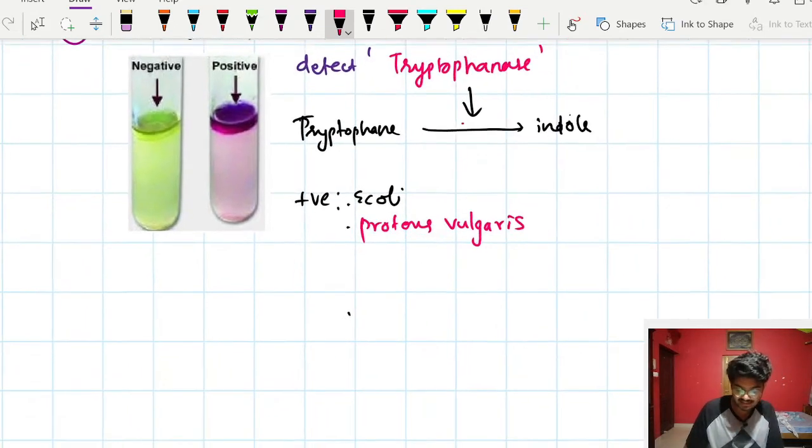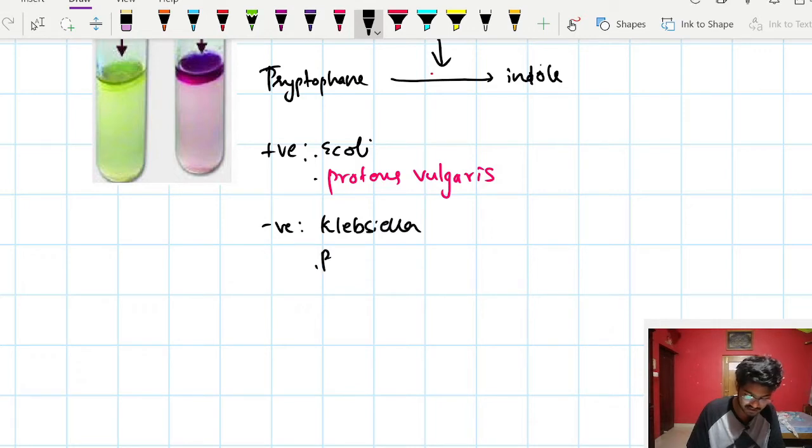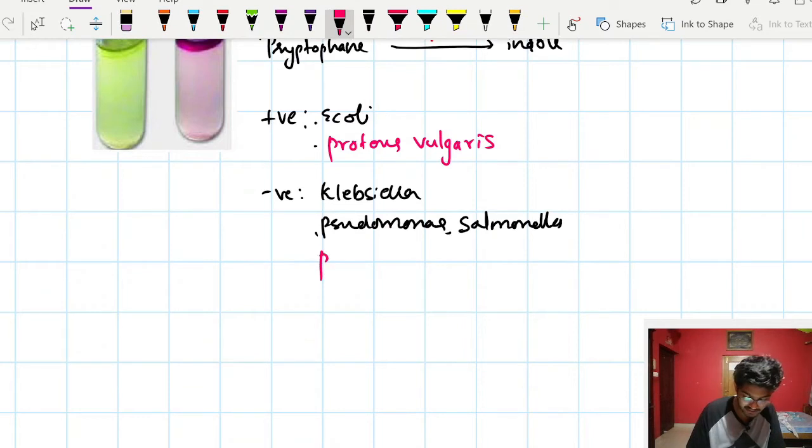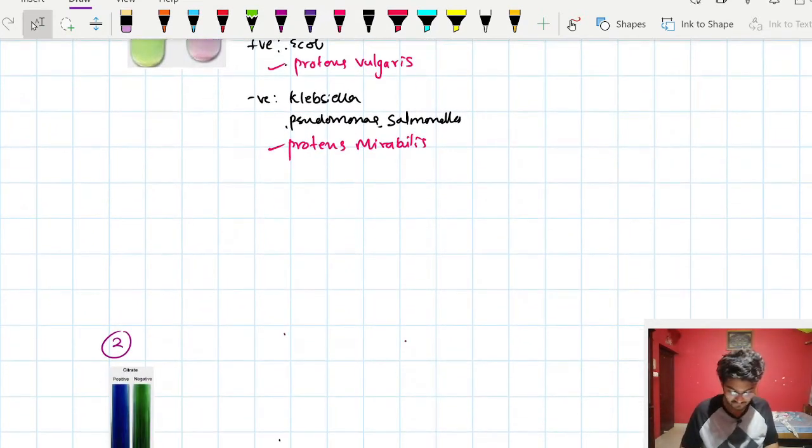Then negative is shown by Klebsiella, Pseudomonas, Salmonella, and Proteus mirabilis. So at least remember this: Proteus vulgaris is indole positive and Proteus mirabilis is indole negative. Okay, so this is the first test.